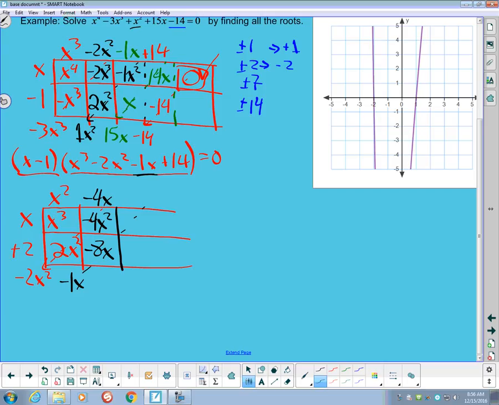So I must have had a negative 7x up here. And of course, if that's going to be a negative 7x, then this must have been a minus 7.